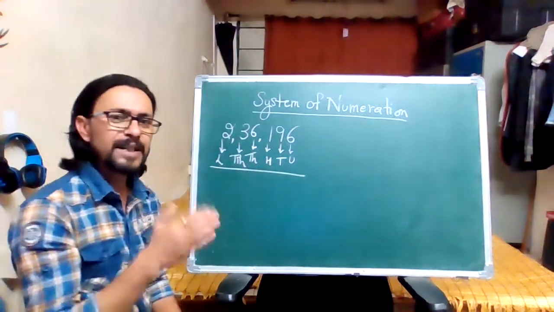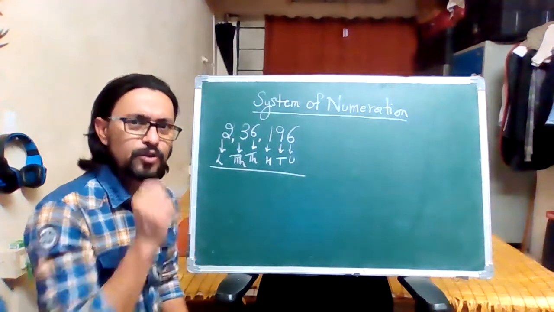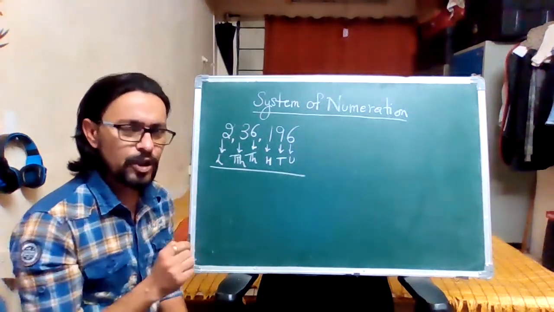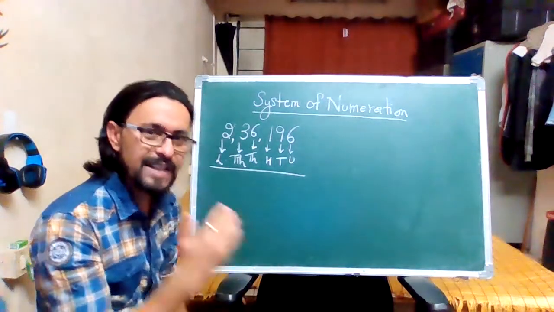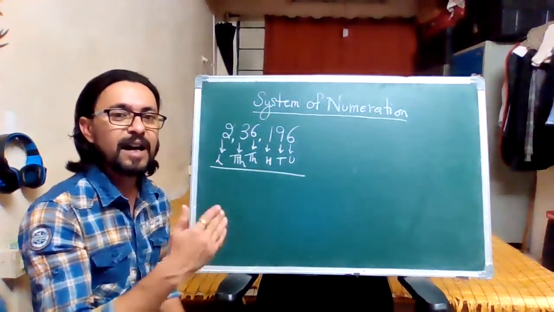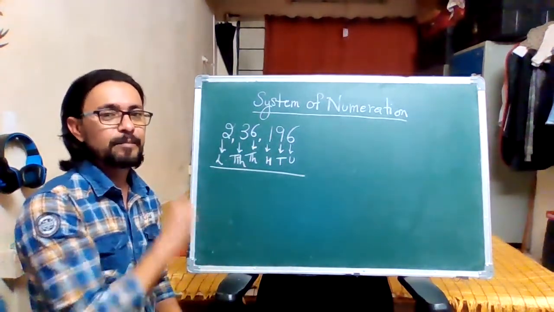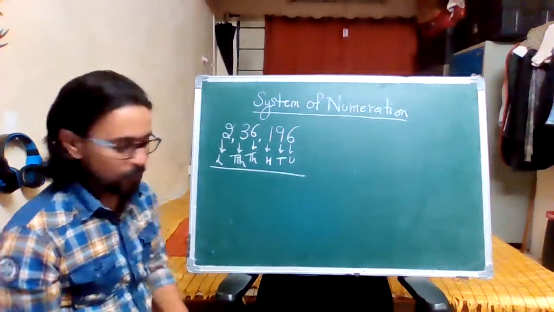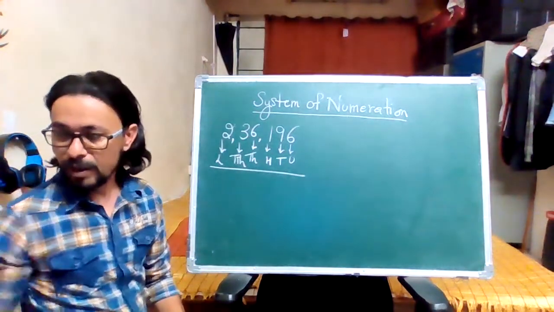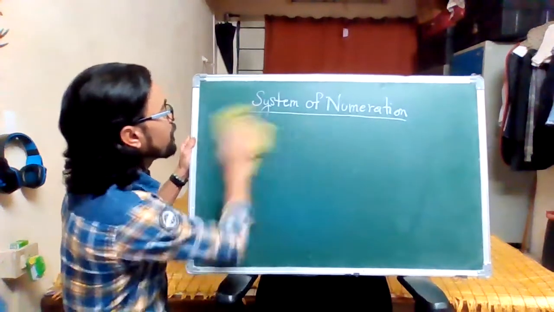So to find the place value of a digit, you just have to write down that digit, and as many digits as there are after that digit, you place zeros and you get its place value. And that's what I would like to discuss with you further: the place value and face value of a digit.